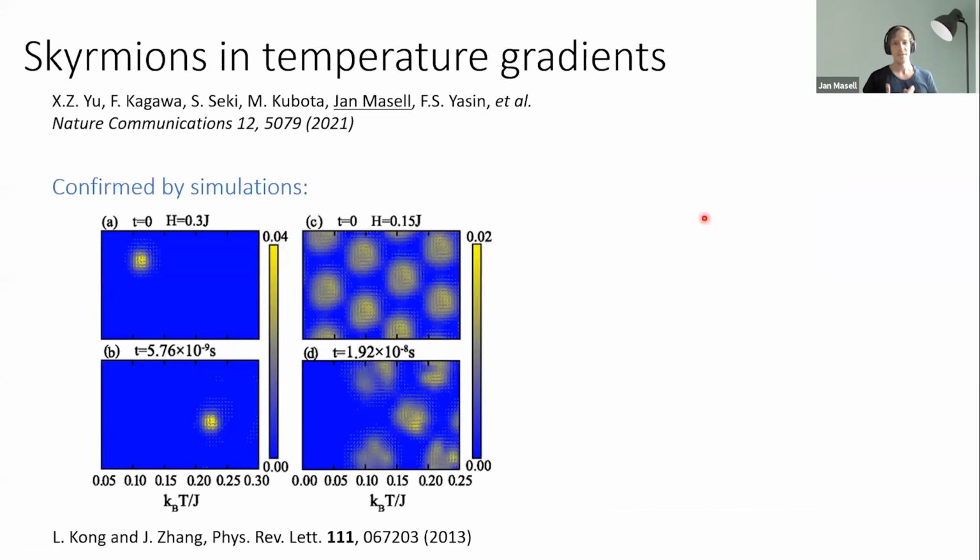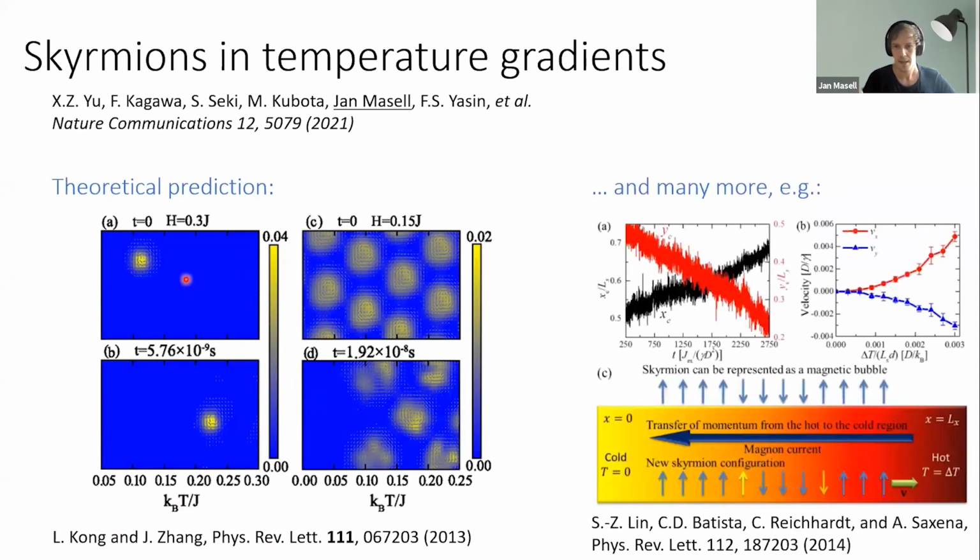But then there were also other simulations in 2013. For example, these ones here by Gong and Jian, which showed exactly the same things that we just saw in the simulation. Other papers here, for example, by the Los Alamos people from 2014, and a bunch of other papers from that time, all saw this effect.